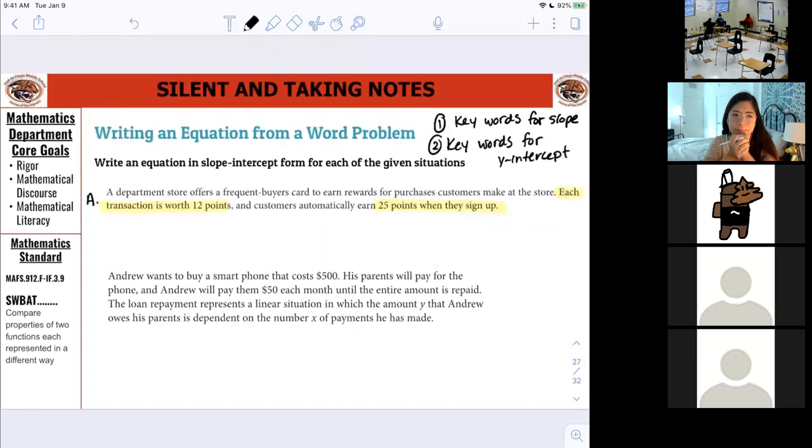No. So instead, when you have a situation that isn't speed, you're always going to look for a few keywords. And here's the most common keywords that you're going to see for slope. I want you guys to write this down. For slope, there's 3 magic words. Ready? We got per, each, and every.